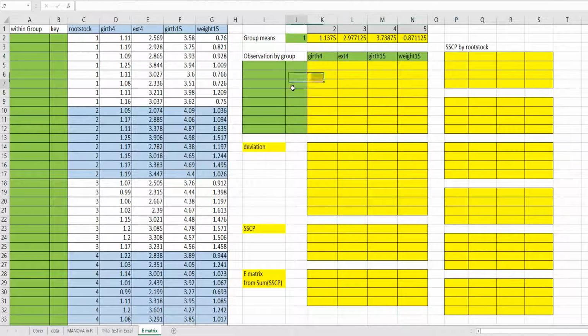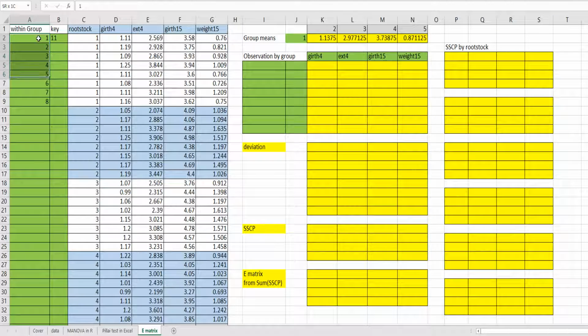Right. Then we need to get the observation by group. So let's think about the key value. So we can make this one, and the key value is the combination of within group number and rootstock number.